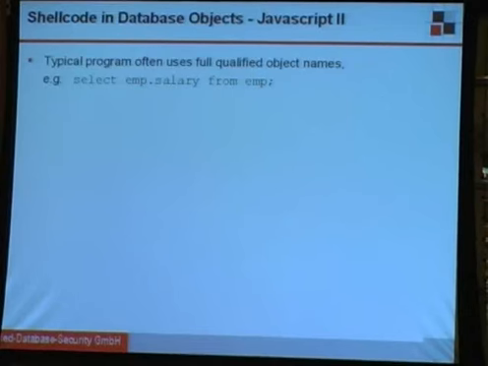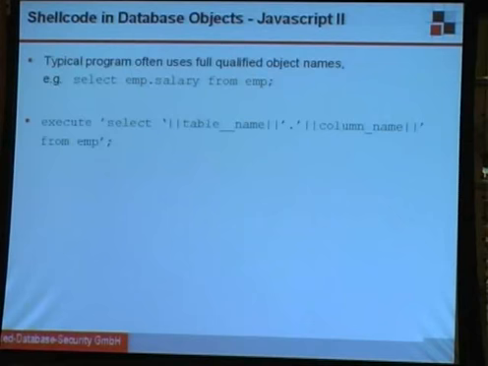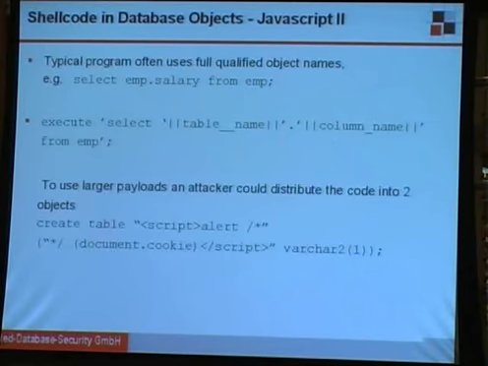I mentioned that we are limited to 30 characters. This can be bypassed in some cases. Very often you have something like this: select table name, then a hard-coded dot in the middle, and then the column name. In this case, we can use longer shellcode if we use the comment sign.